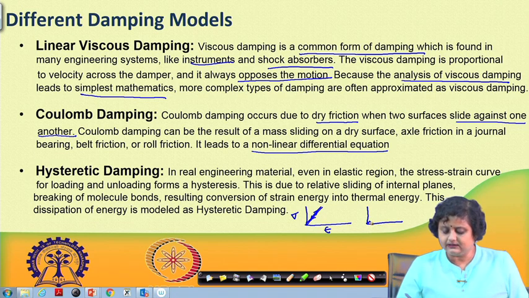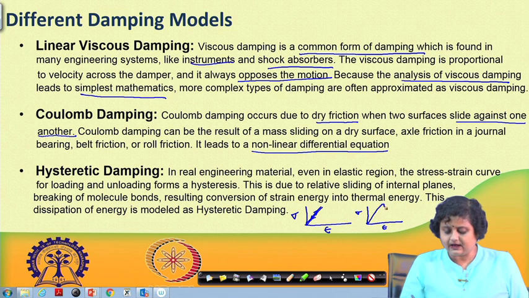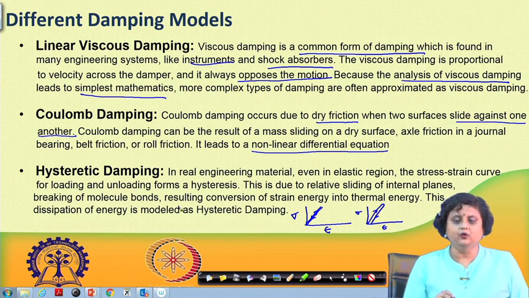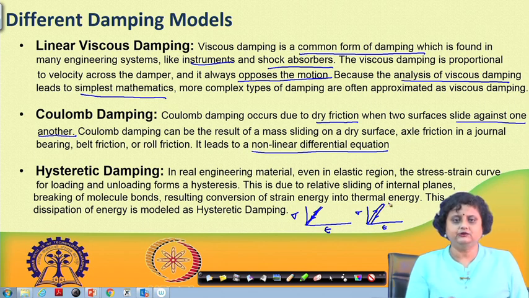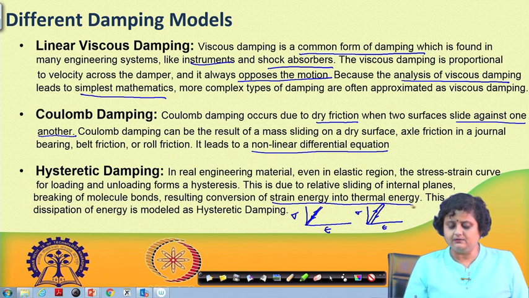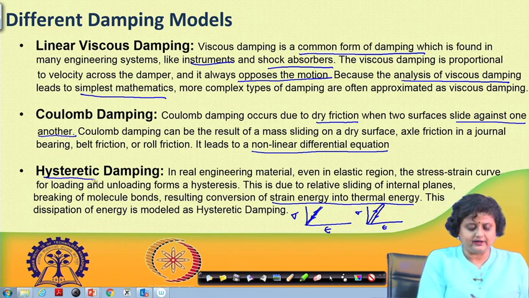The loading path is not the same as the unloading path, and the unloading path is slightly different from the loading path, creating a hysteretic loop. This hysteretic loop dissipates some energy from the system and converts the strain energy to thermal energy. So, the damping model for this kind of system is called hysteretic damping.